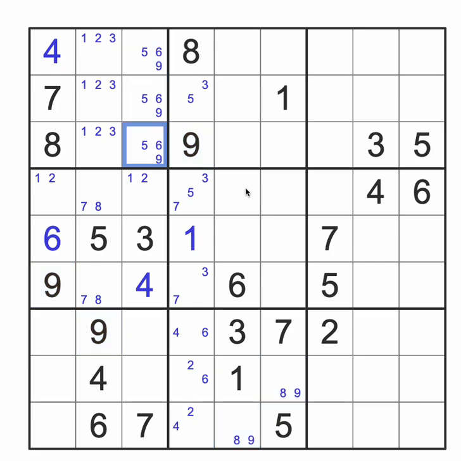And this cell is blocked by 5 and 9. That gives me 6 and 5, 9 double. Let me clean up this. 1 is here, so this is 2 or 3. 3 is here, so this is 1 or 2. Right. Okay, let's move on.